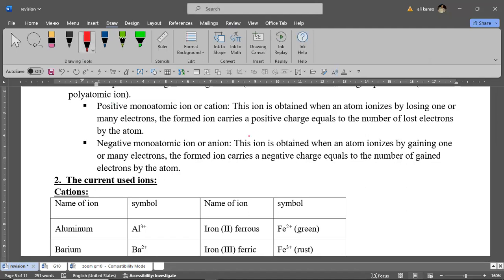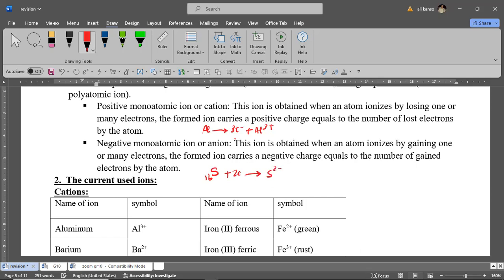if an atom like aluminium, Al, loses 3 electrons, it acquires a positive charge, Al3 plus. And if an atom like S16 gains 2 electrons, then its charge becomes S2 minus.